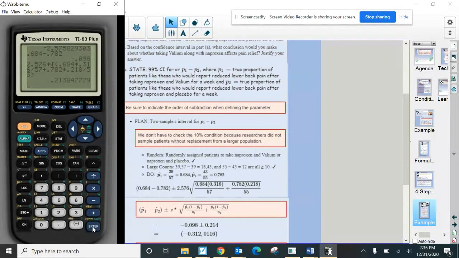When we hit enter, that's where that 0.214 comes from. And then when we take our negative 0.098 and add, we get our right side.